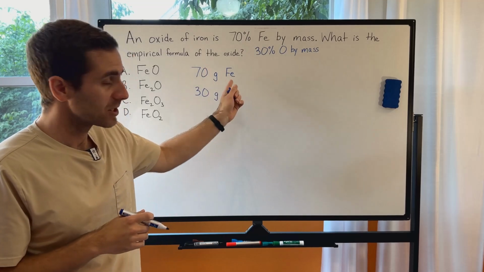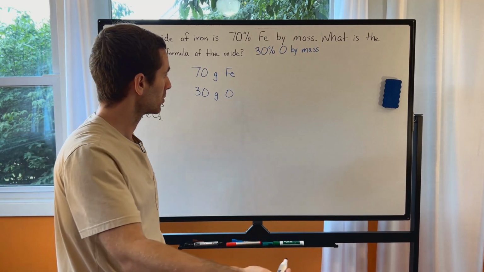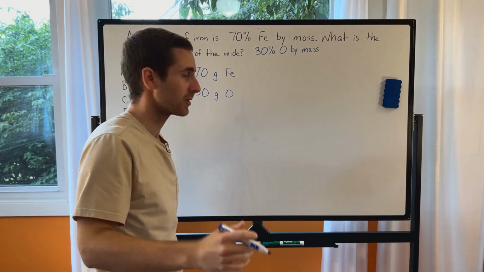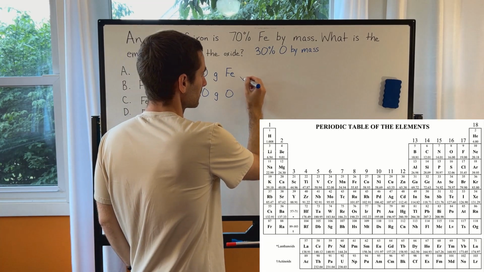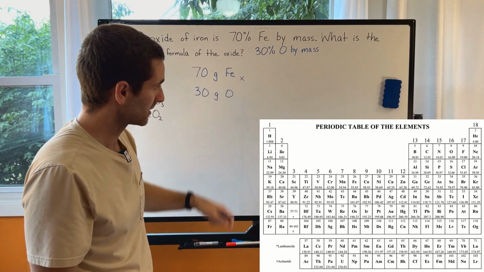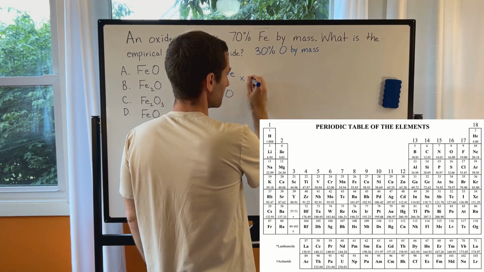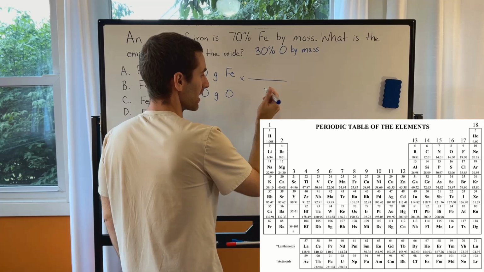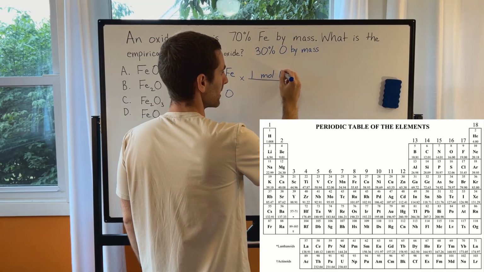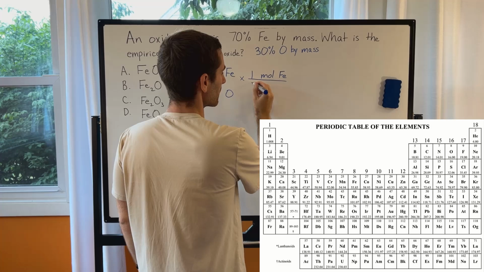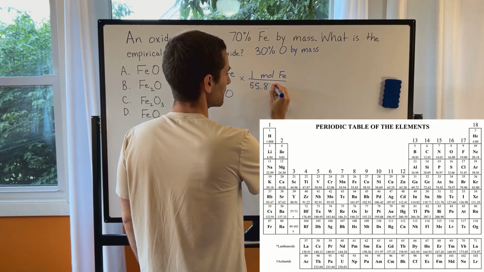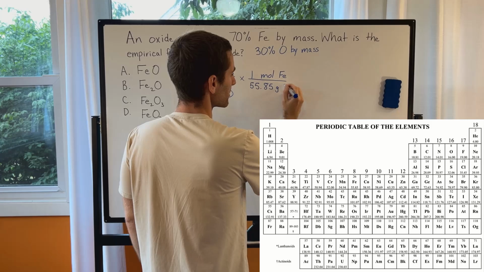Now we're going to convert each of these to moles, which you do by dividing by their respective molar masses. So get your periodic table out and look at the molar masses of these elements. Iron, Fe, is 55.85, so we divide by 1 mole Fe over 55.85 grams.